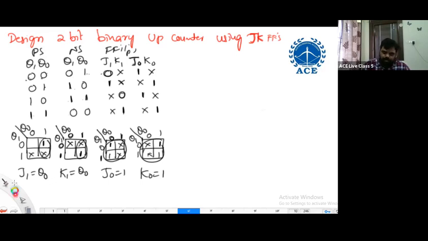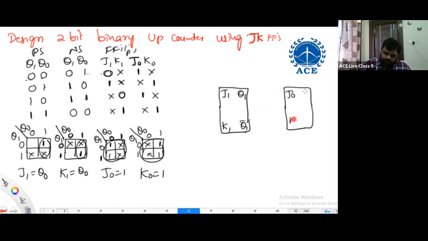Then draw the counter circuit. J naught K naught connected to 1. J1 K1 connected to Q naught.